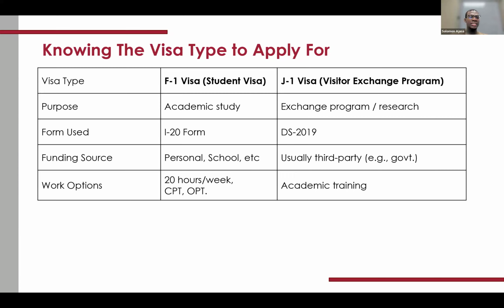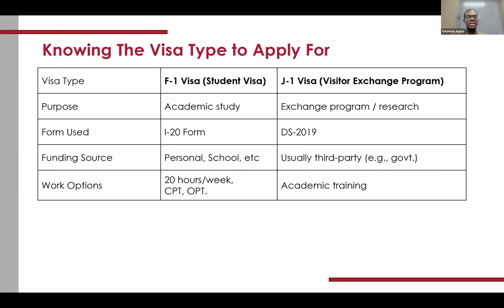For you to get that, an I-20 form is usually issued, which goes through the Office of International Student Services. This is provided after you have been able to provide the funding support.